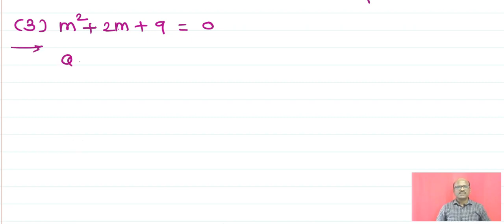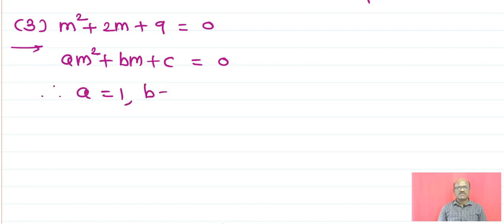Again comparing with am square plus bm plus c equals 0, a is equal to 1, b is equal to 2, c is equal to 9.